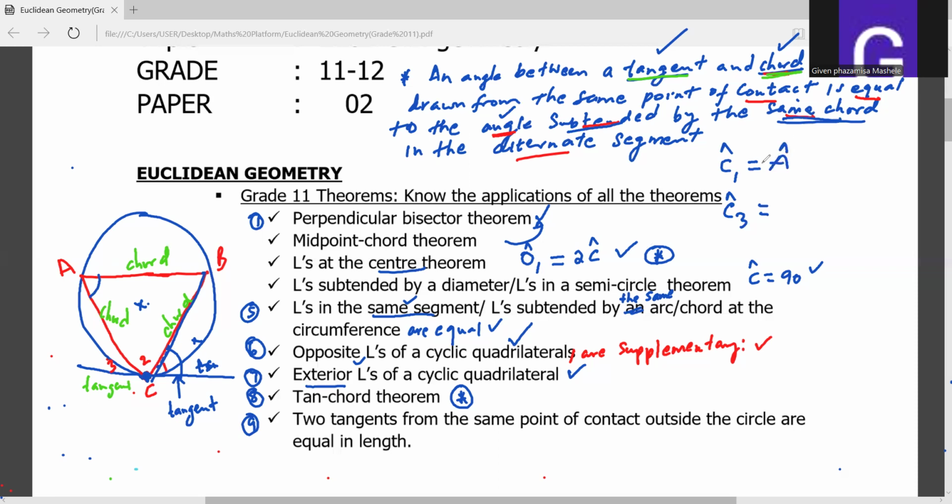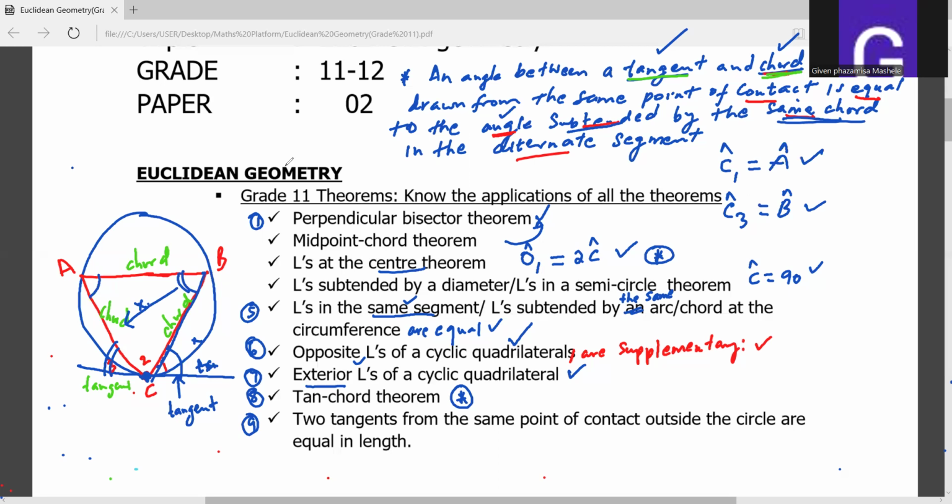That is according to the tan chord theorem. So even angle C3 will be equal to angle B, because angle B is subtended from the chord AC. So angle B also equals C3. Remember guys, this is one of the most important theorems when you're proving riders. Very important, very important.